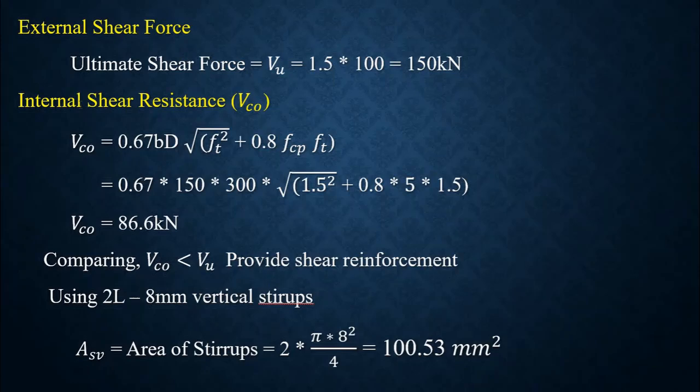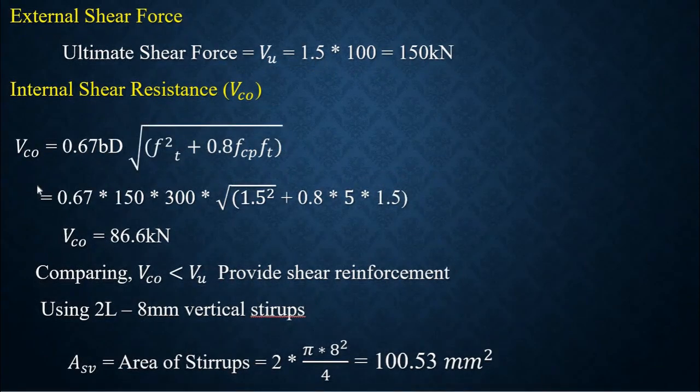Next is calculation of internal shear resistance. For that, we know the formula. For a straight cable, VCO is equal to 0.67 B into D into whole root of Ft square plus 0.8 FCP into Ft.